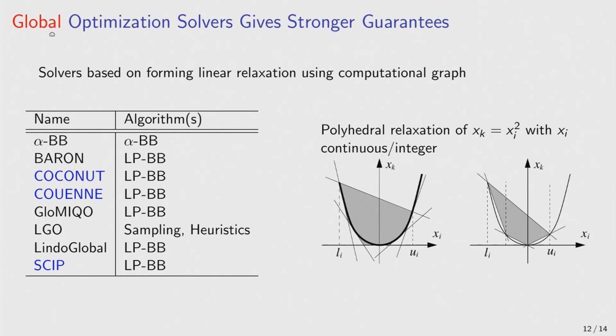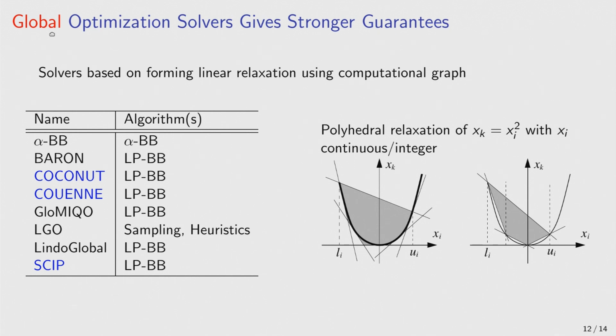Here's xi, there's xk squared, and you have typically lower and upper bounds, and so you replace this non-convex expression, this line, by, for example, a convexification, which is you take the secant that joins the lower and the upper bound, and you replace it by this whole area here. So that's a convex relaxation of this function.